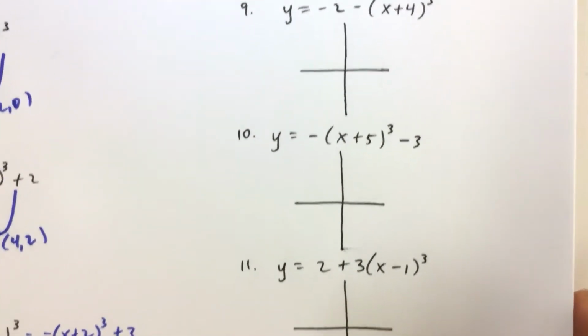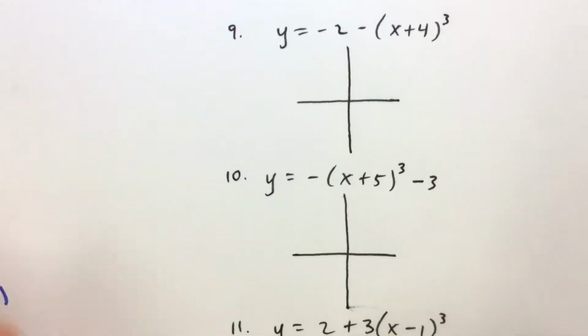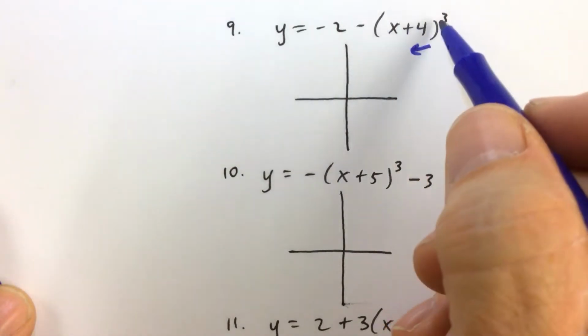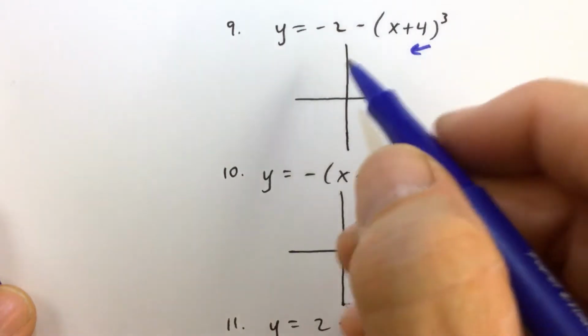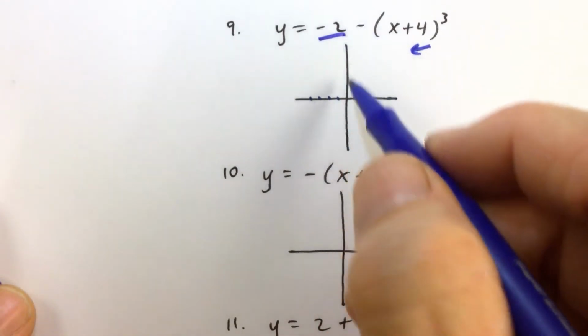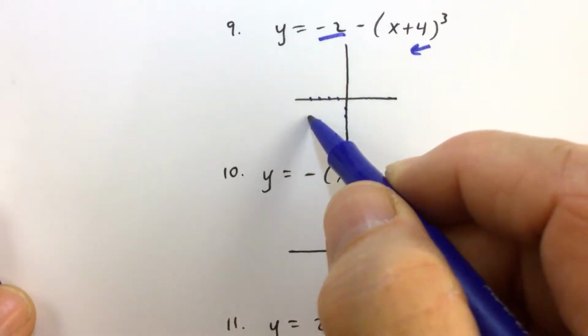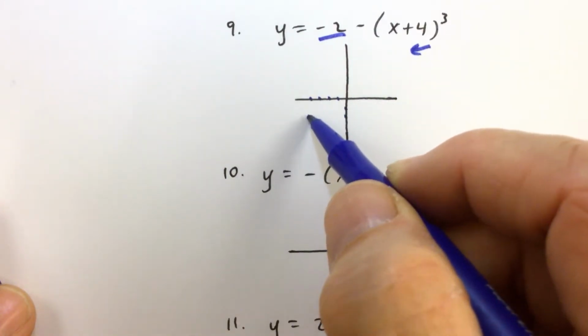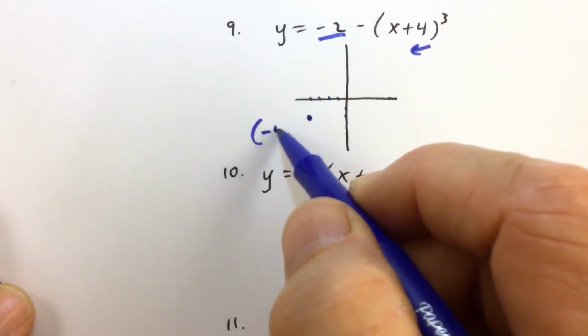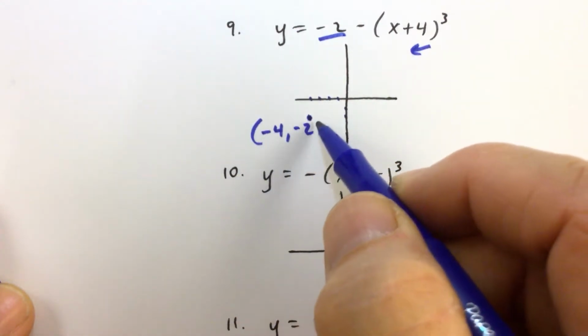Number 9, let's zoom in a little bit more here. For number 9, we can see we're going to take the original graph of y equals x cubed. We're going to go to the left 4, 1, 2, 3, 4, and down 2 because k is negative 2. Left 4, down 2, and then we're going to label our inflection point, negative 4, negative 2, because we went left 4, down 2.